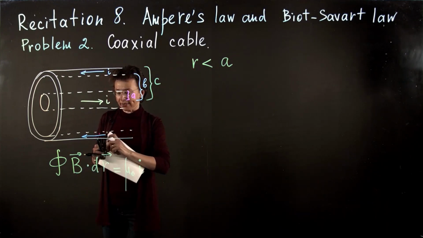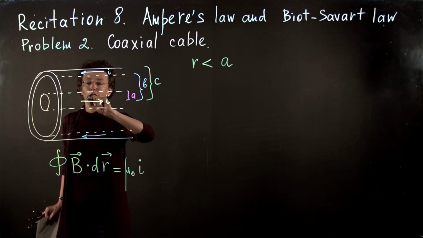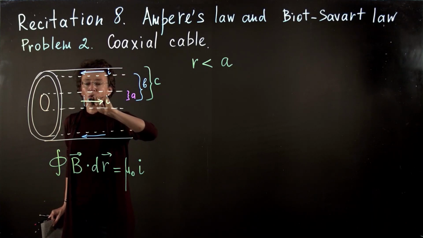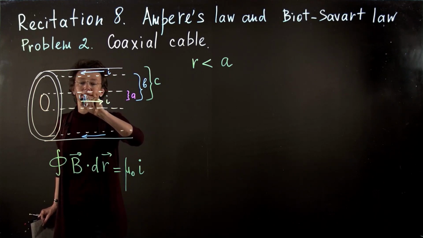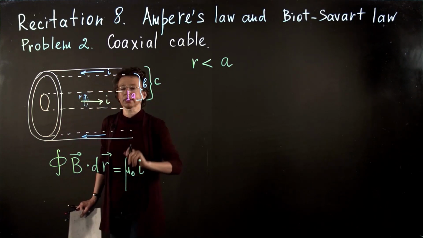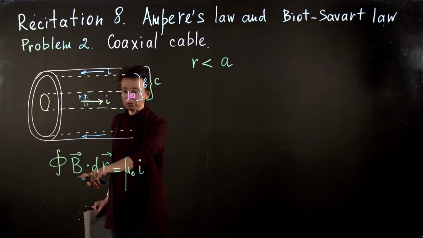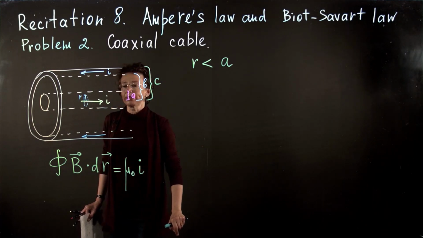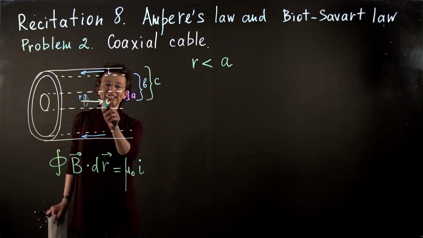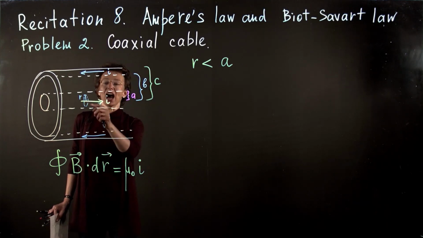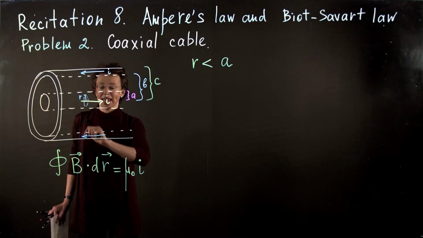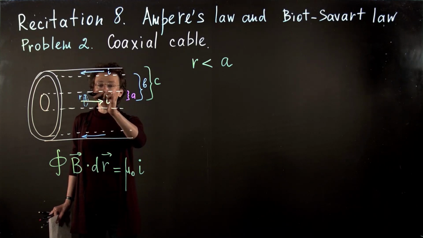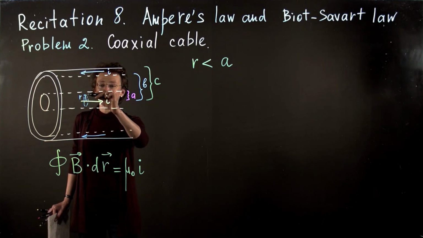For r less than a, we will draw a loop of arbitrary radius r. This loop has arbitrary radius r that is less than a, and I will be working with the left-hand side of Ampere's law. The lines of the magnetic field created by this current are circles, and the magnetic field will be tangential to this circle at each point.